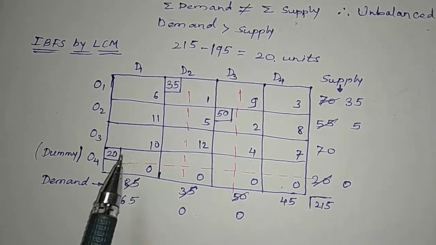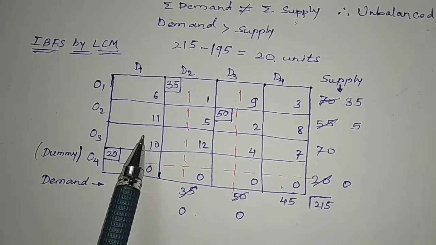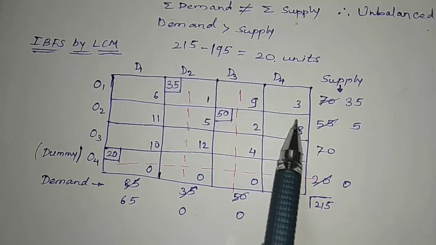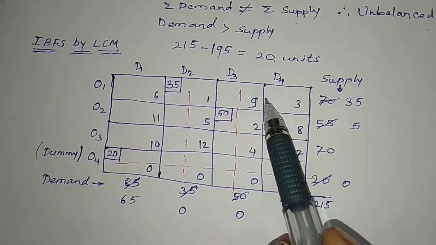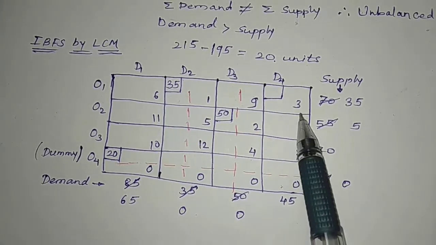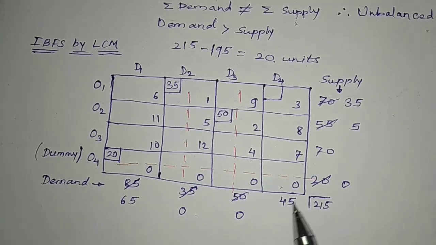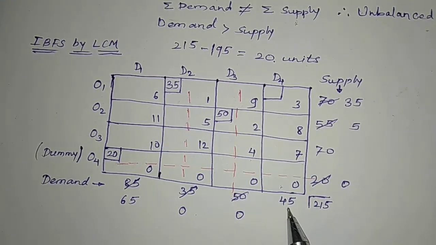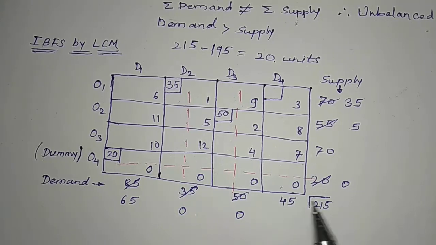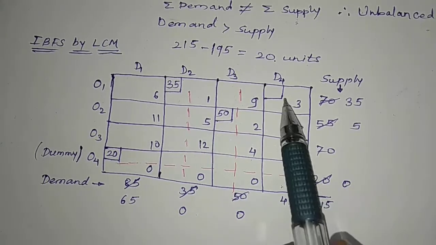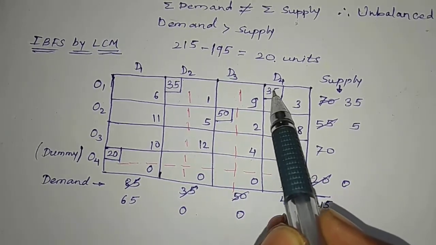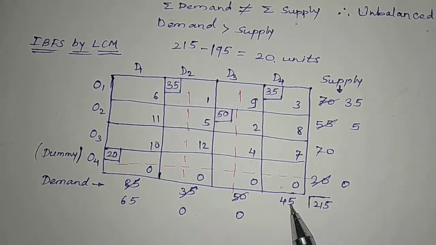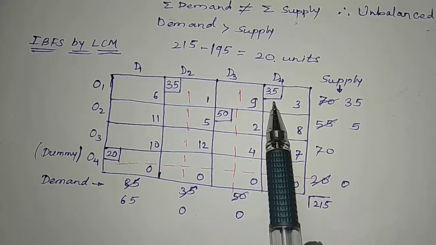Now again observe where is the next smallest cost in the remaining cells. So in remaining cells lowest cost is 3 here. Now look at the rim conditions. 35 is supply available at that cell, demand is 45 units. So smaller quantity we can allocate there, that is 35. So out of demand 45 units, 35 units are allocated.